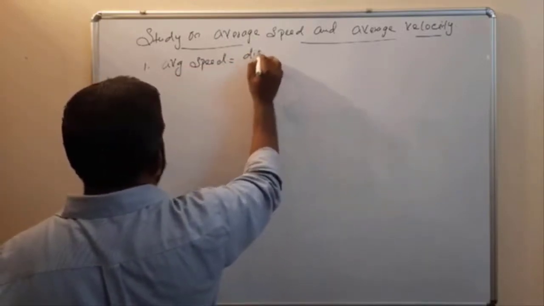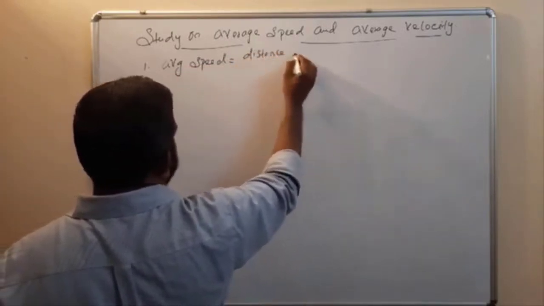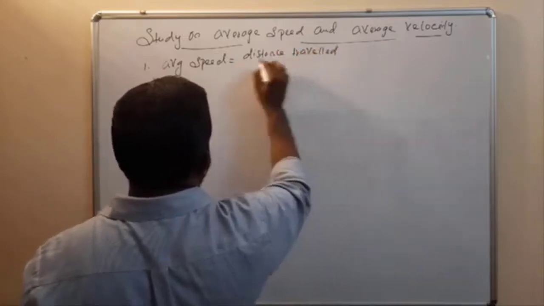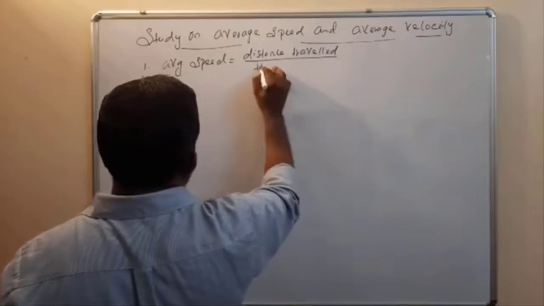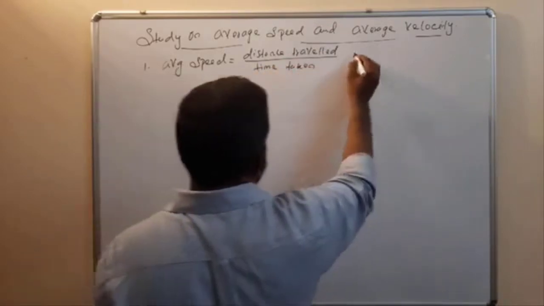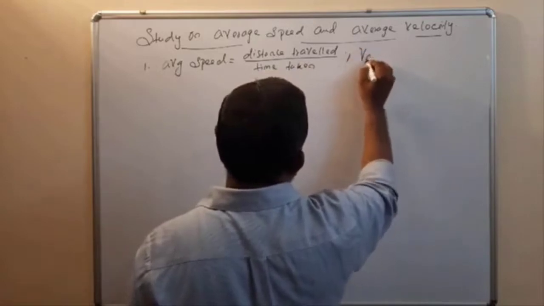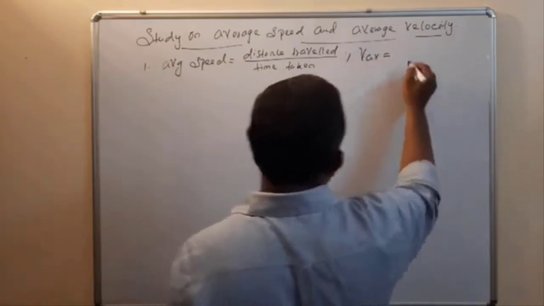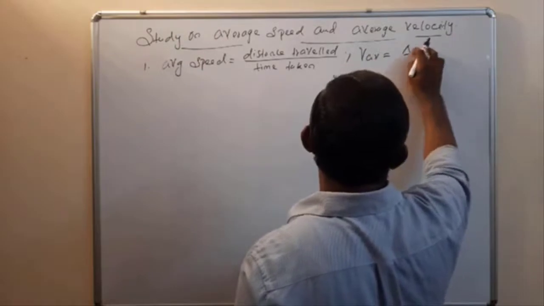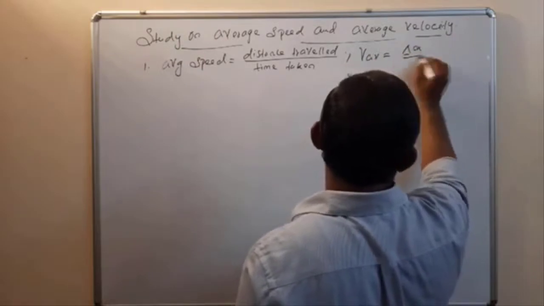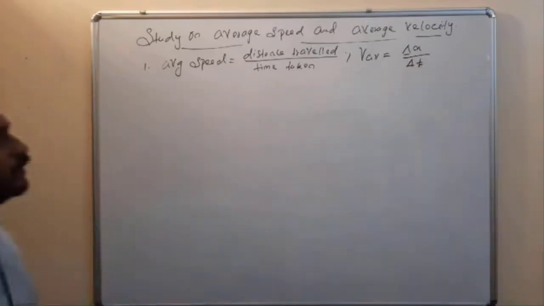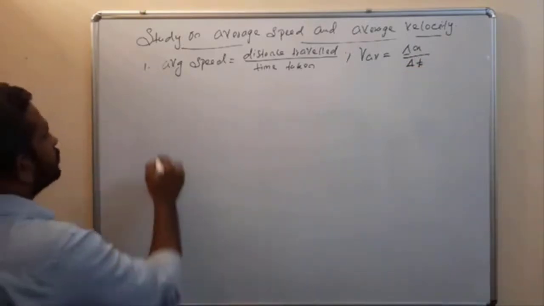So average speed is distance traveled by time taken. So V average is equal to delta X by delta T. Okay.